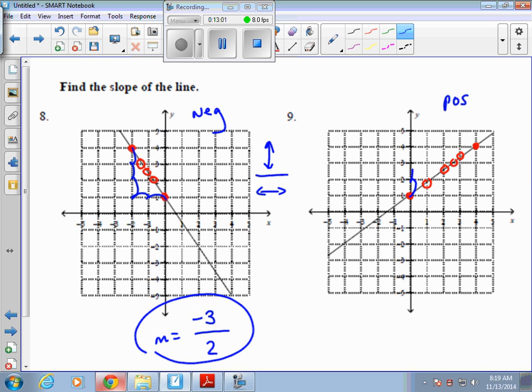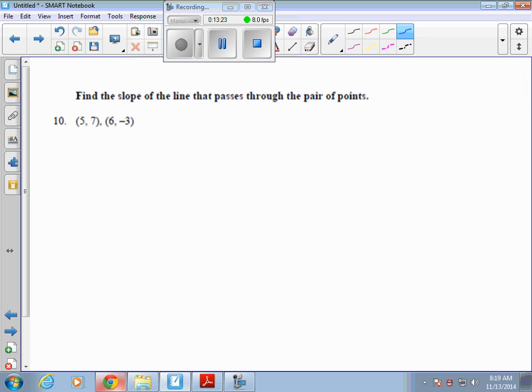We're going 1, 2, 3, up 3, so it's +3, and to the right 1, 2, 3, 4. To the right 4 times is +4. There's your slope of number 9. And then again, check the positive and negative values. We said 8 was going to be negative. That's what we got. And we said 9 was going to be positive. That's what we got. So chances are you probably got it right.